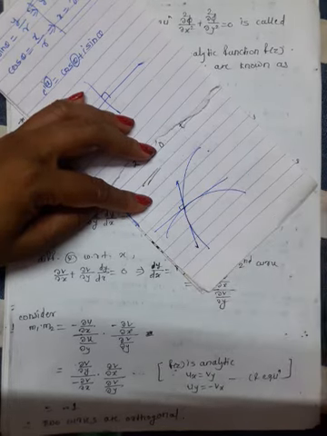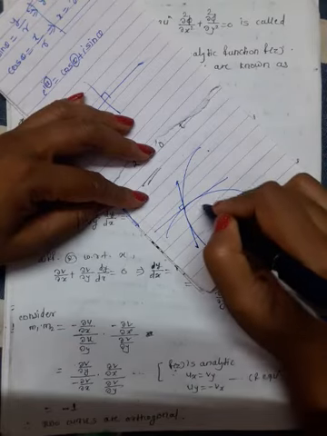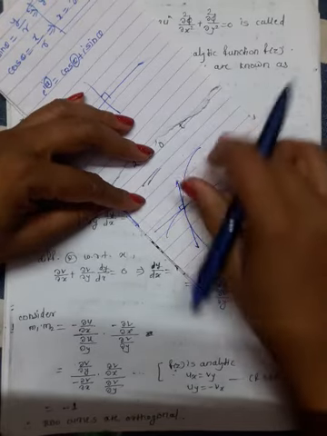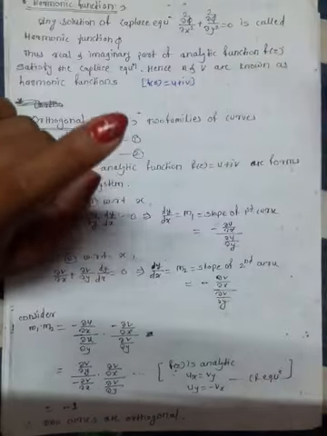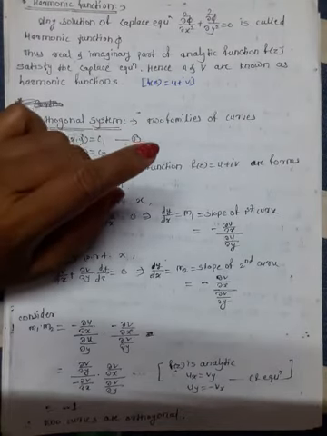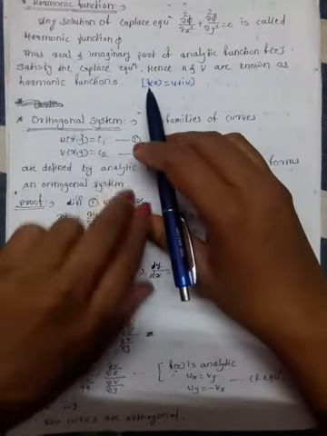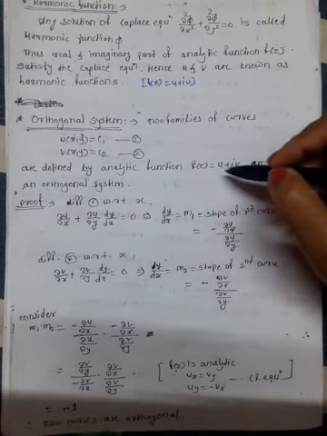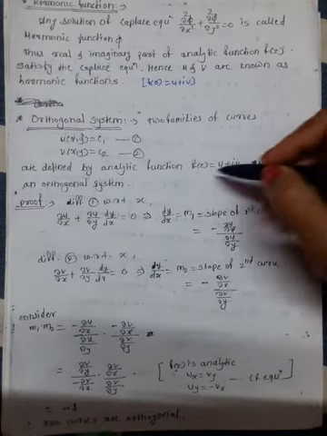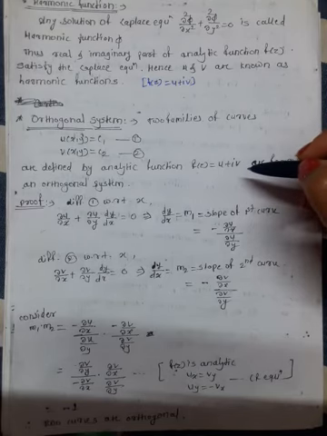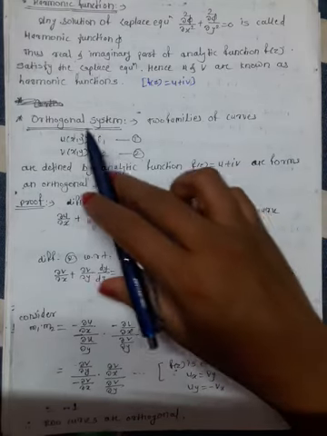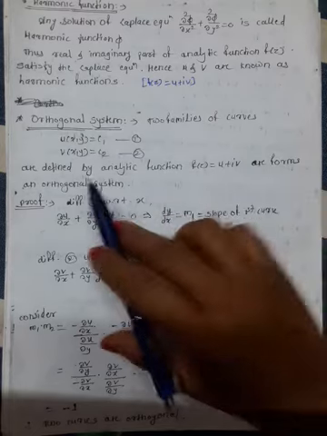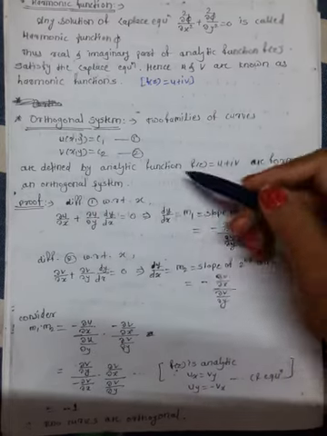If this angle is 90 degrees, then these two curves are called orthogonal curves, or an orthogonal system of curves. Now what is our statement? f of z is an analytic function, u plus iv. Then u and v, defined like this, are orthogonal to each other and form an orthogonal system. Let us prove this statement.